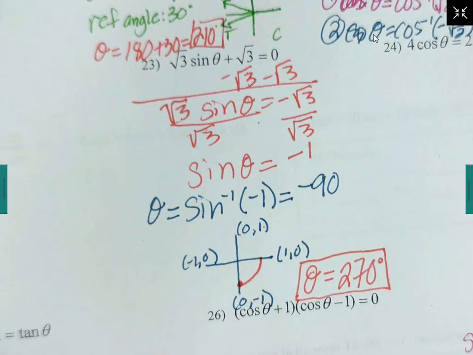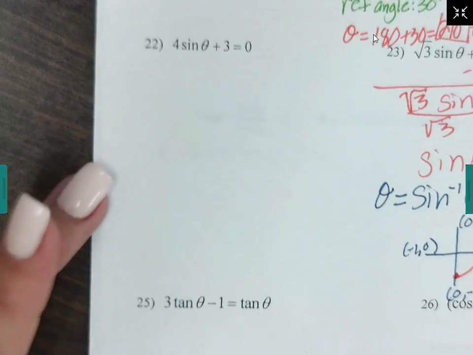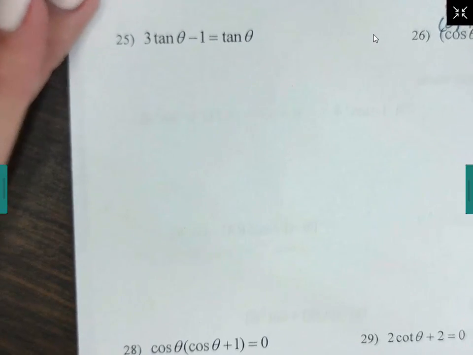All right, let's do, what about 25? Do you want to do one like that? Some of you guys struggled with problems like 25, and it wasn't the struggling necessarily finding theta, it was solving this, okay? So how would I solve this? How did I get tan of theta by itself?